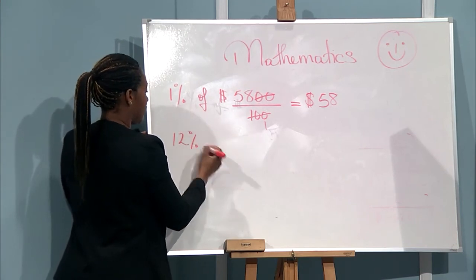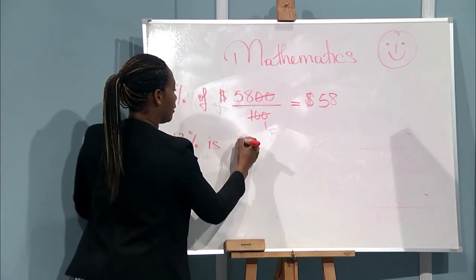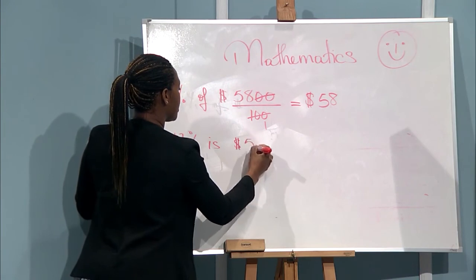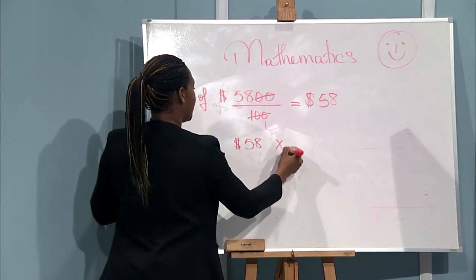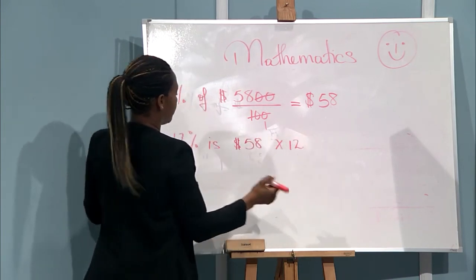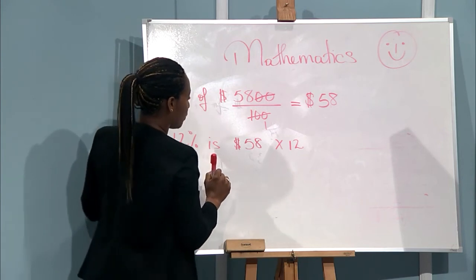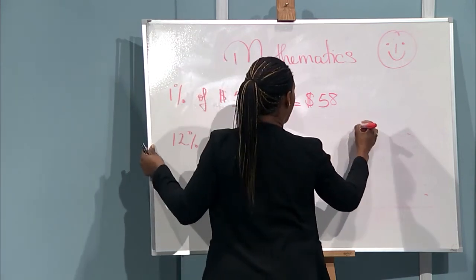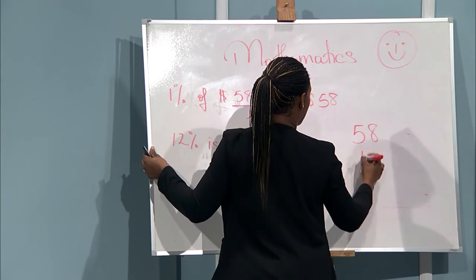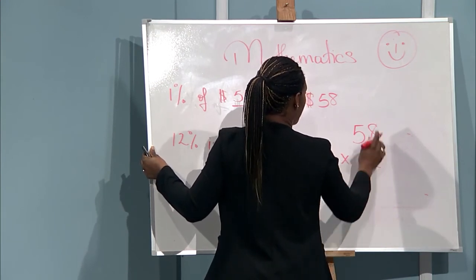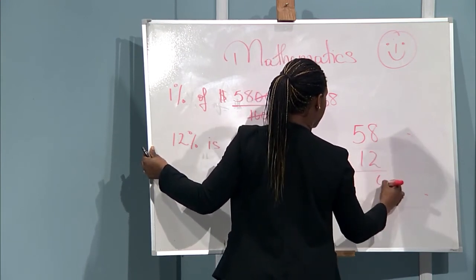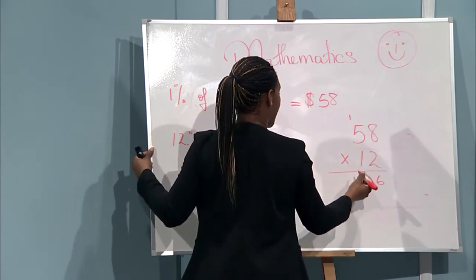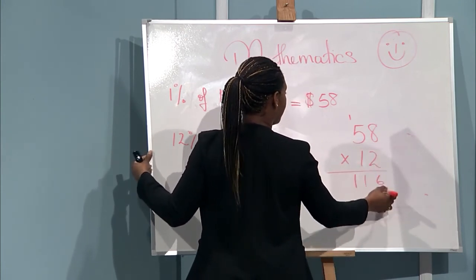So 12% is $58 multiplied by 12. And we can come over here and work it. 2 8s, 16, 2 5s, 10, and 1 is 11.